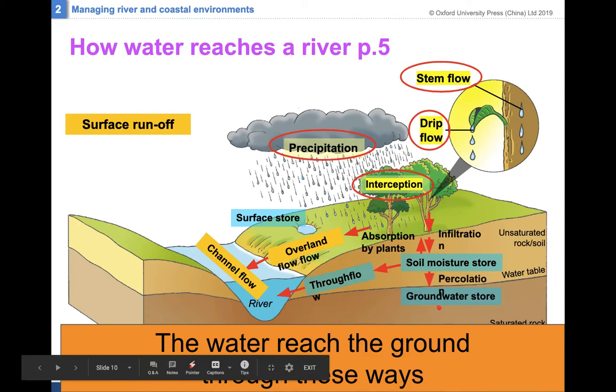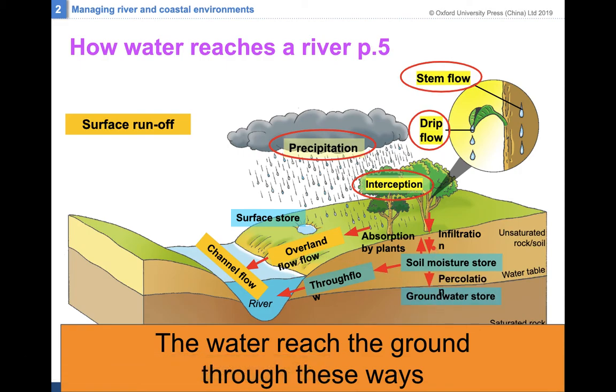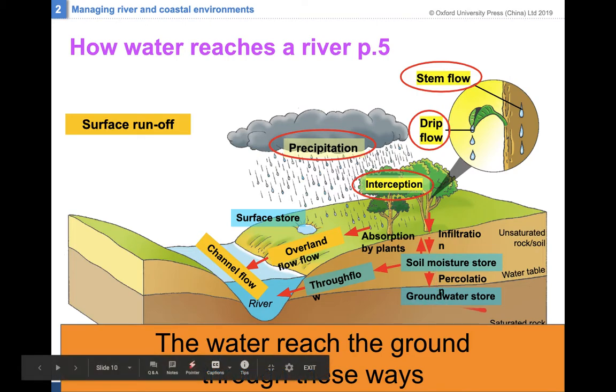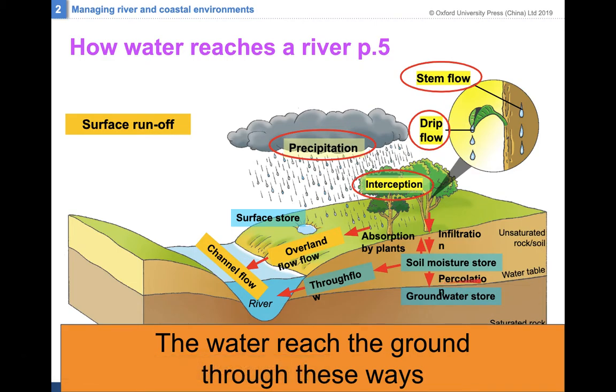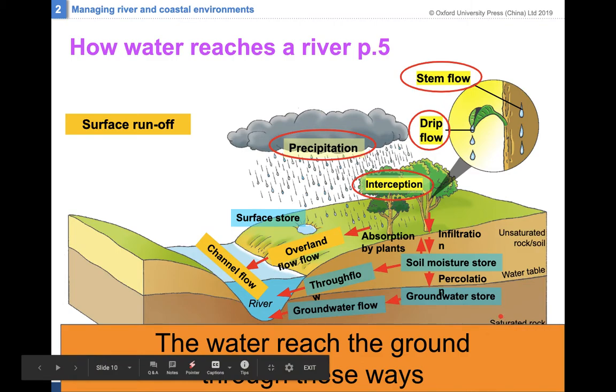And last but not least, when the water or the moisture goes further down to the groundwater store, this is what we call the percolation. And because it's in the groundwater store, this is what we call the groundwater flow, when the water flows back to the river.